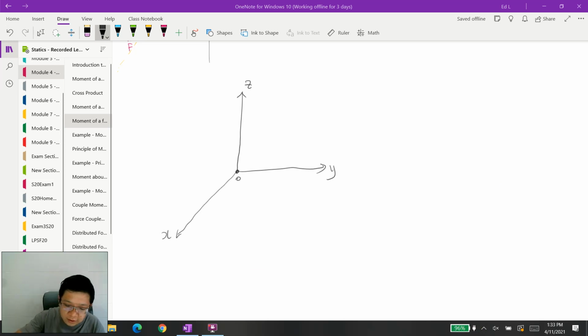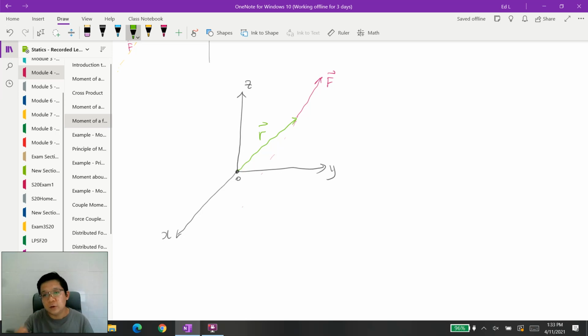And then let's say that I have a force F, and that is the line of action. And let's say that I have a position vector R coming from O to any point along the line of action of the force F.